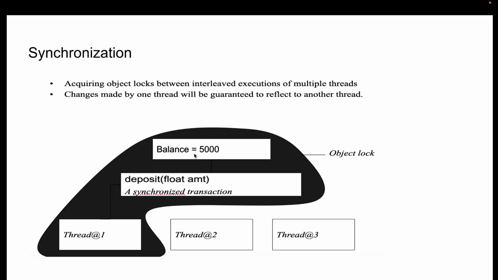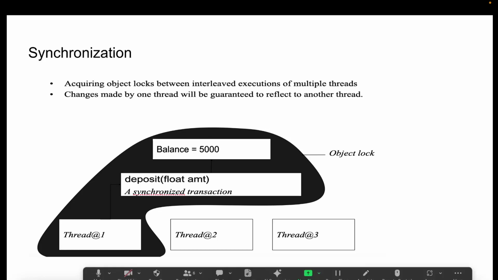So this is like creating a lock over that particular process. Let's say there is an API for deposit. Here thread 1 has created a lock, and this is basically called an object lock. You're understanding the scenario, right?